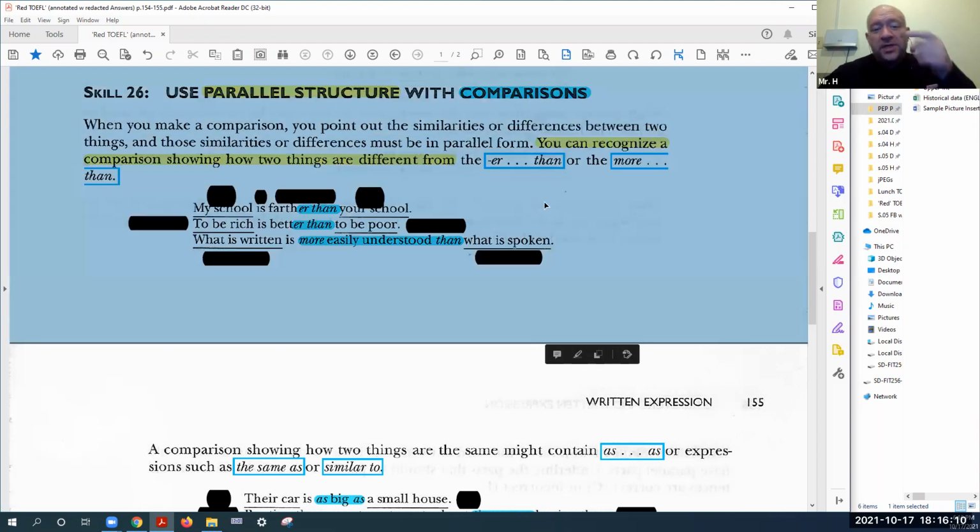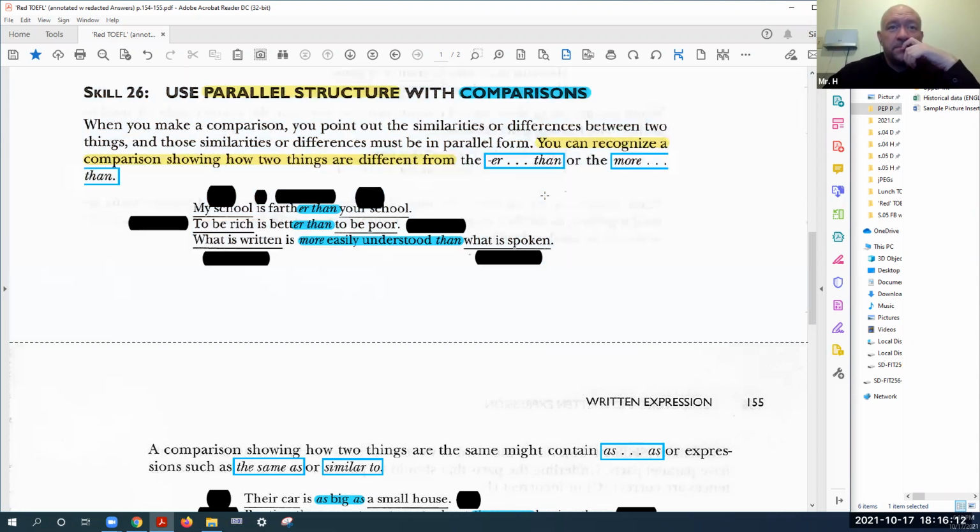So can you read, Khalid, the first example? My school is farther than your school. Okay. What's in the middle of this sentence? The blue part? The blue part is a comparison. And before the comparison, what is that, just before it? It's a verb, right? So you have a verb, then you have a comparison.